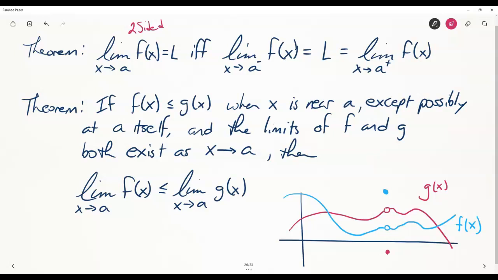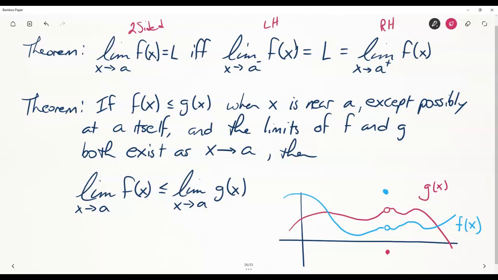It means the direction goes in both directions. So this limit is equal to L if and only if the left-hand limit and the right-hand limit approach the same value L. So this is the left-hand limit, and this is the right-hand limit. If either one of those one-sided limits do not exist, then the two-sided limit won't exist.